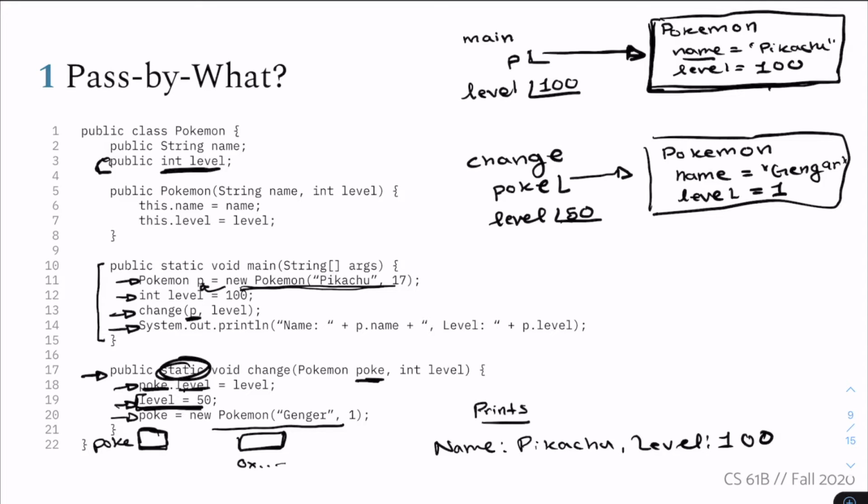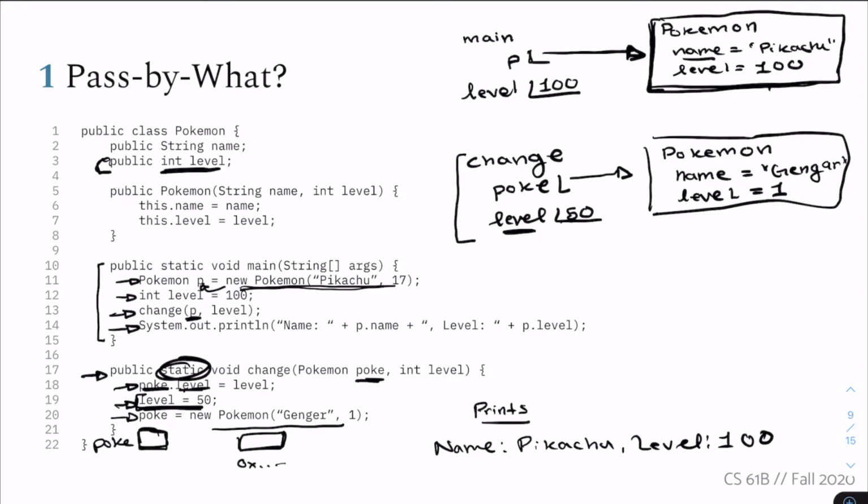Well, the way Java works is the first thing it does when you call on a variable or you give it a variable name is it focuses on the current scope, which is the most narrow possible vision, which is just the current function. Is there a level here? Yes? Okay, great. We're just going to use this level.